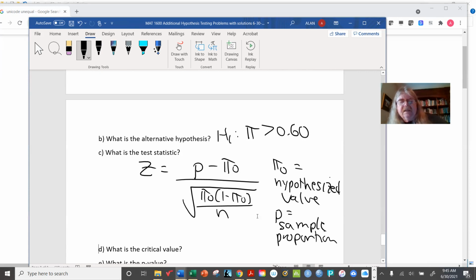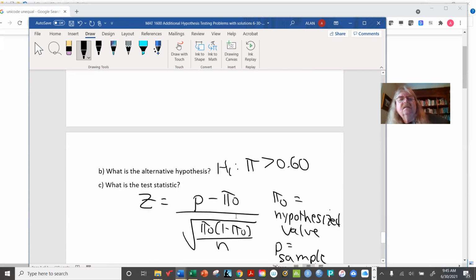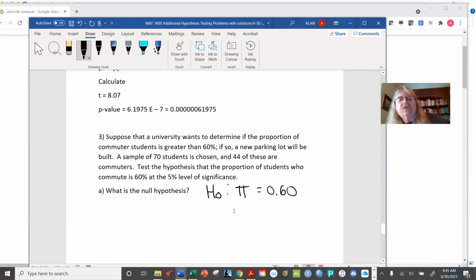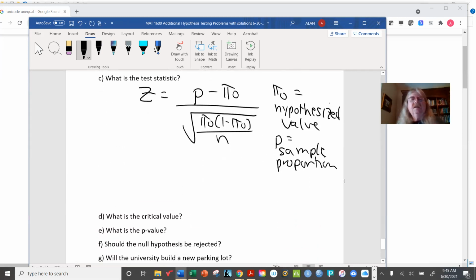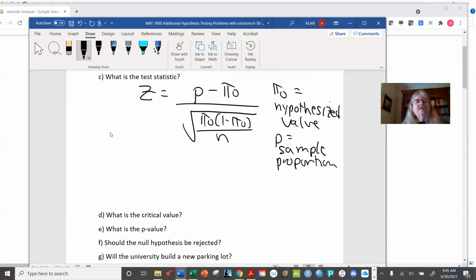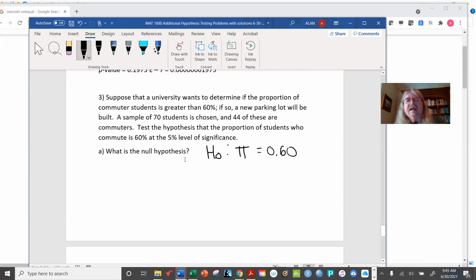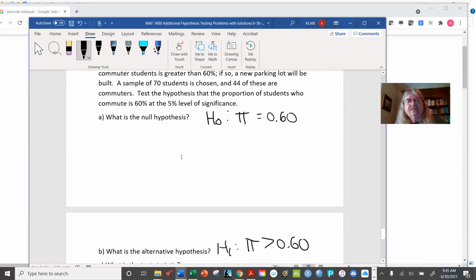Now, in the problem, they told us that out of 70 students, 44 are commuters. So that means that X is 44, N is 70. X is the number of elements that have a certain property.